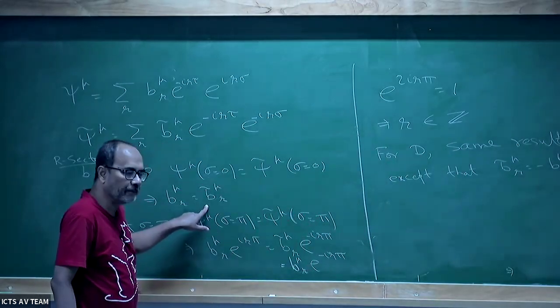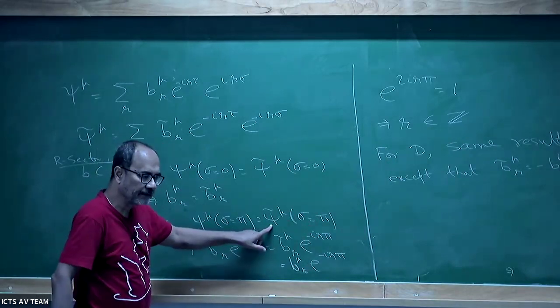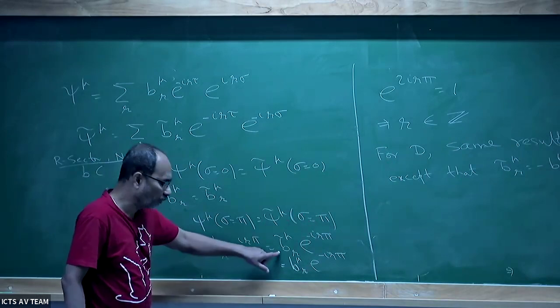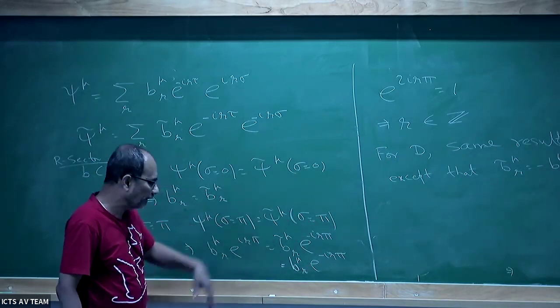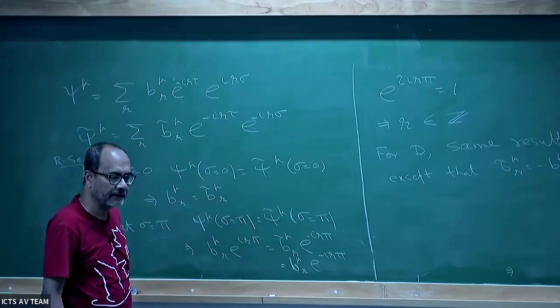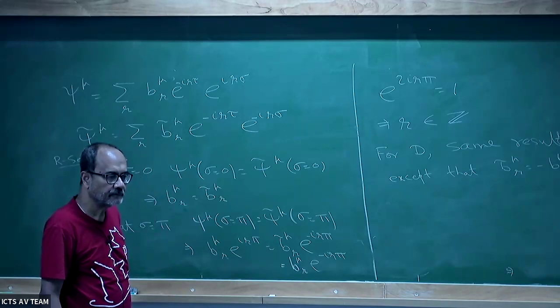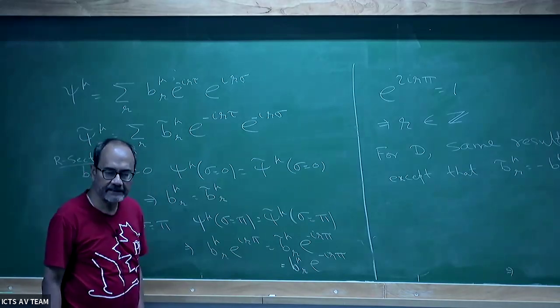So you'll get b mu r equal to minus b tilde mu r. You'll get another minus sign in the second equation, so b mu r equal to minus b tilde mu r. So that minus sign will cancel, but e to the 2i r pi equal to 1 will still be valid. Is this clear?